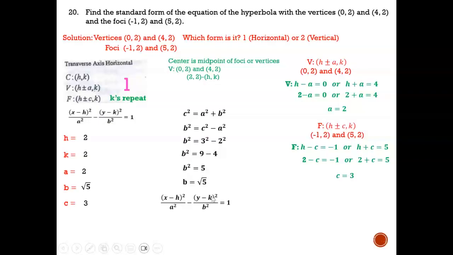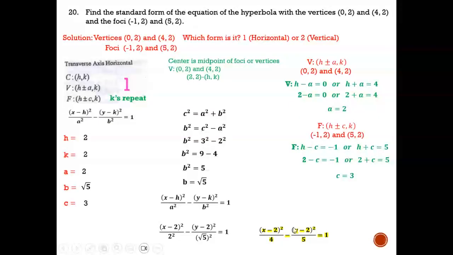Plug in the values for h, k, a, and b. h is 2, k is 2, a is 2, and b is the square root of 5. So it'll be (x minus 2) squared divided by 4 minus (y minus 2) squared divided by 5 equals 1. That's my standard form of the hyperbola.